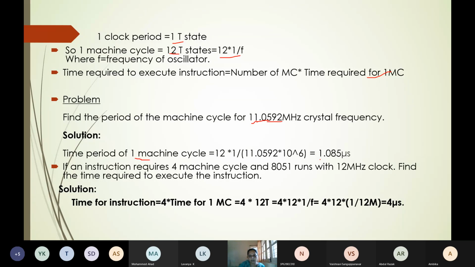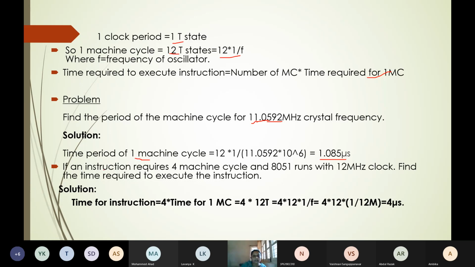To execute one machine cycle I require about 1.085 microseconds, around 1 microsecond. One machine cycle may be an opcode fetch, a memory read, or a memory write, based on the instruction. These machine cycles will be there in your instruction. This is how we find the time period for one machine cycle.